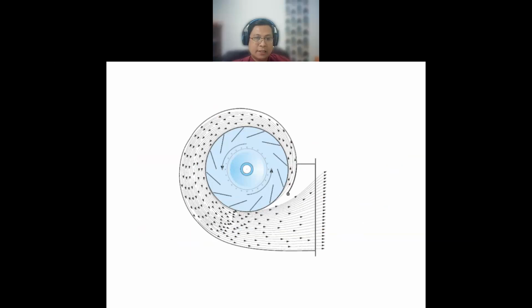Okay, this one looks like the centrifugal type, because we use centrifugal force to distribute the air. It looks like a snail pattern, because the centrifugal force works on the radial side of the distribution flow.